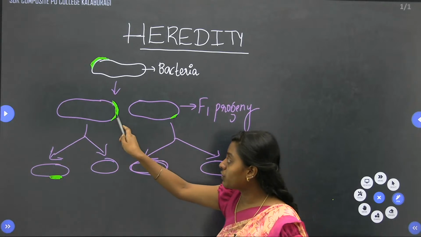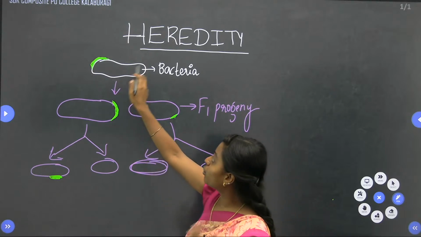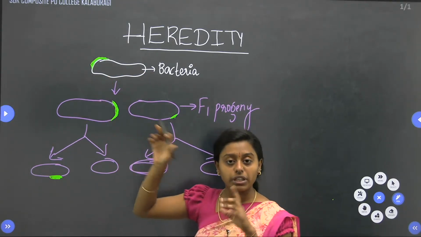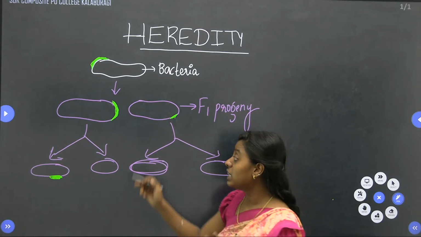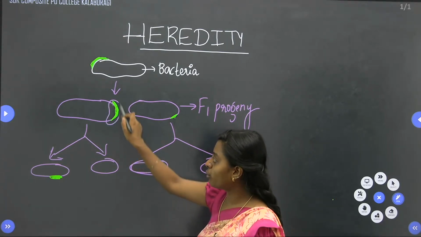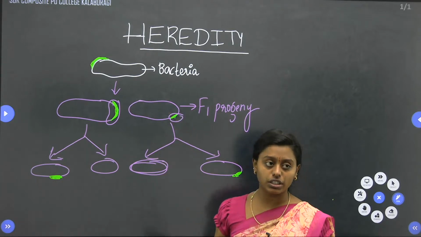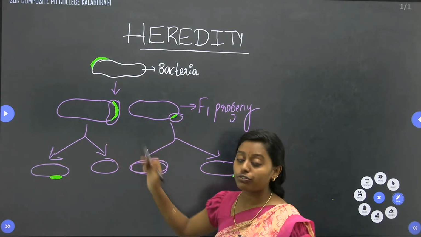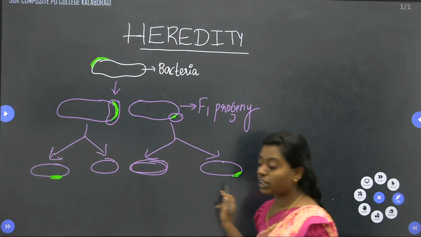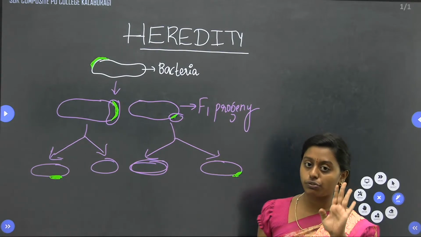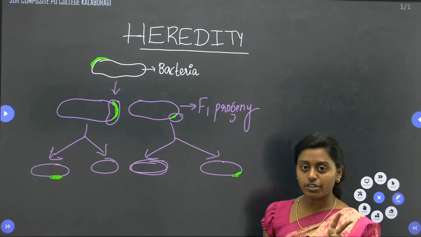But the presence of the special character was more in the parent, and when the parent divided into the first two offspring, that special character appeared more in one individual and very little in the other. When each of these bacteria reproduced individually, they formed four offspring for the F2 generation, that is the second generation.